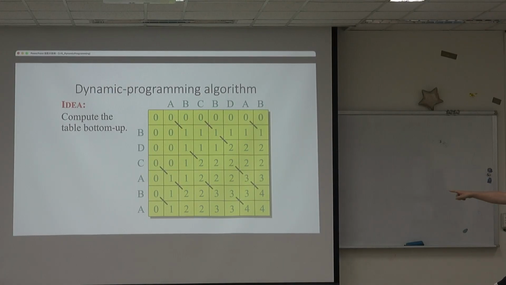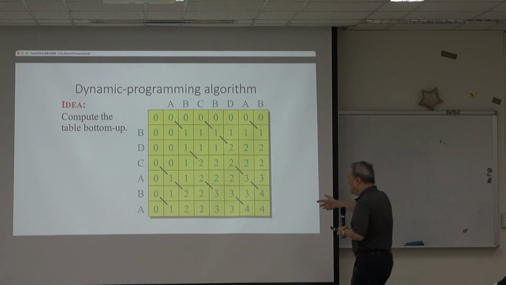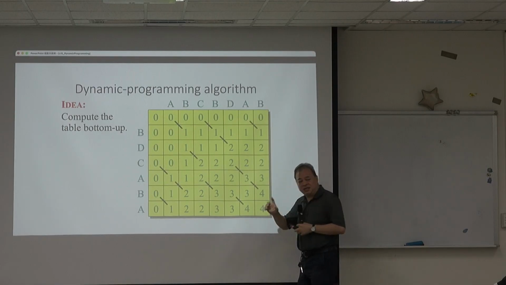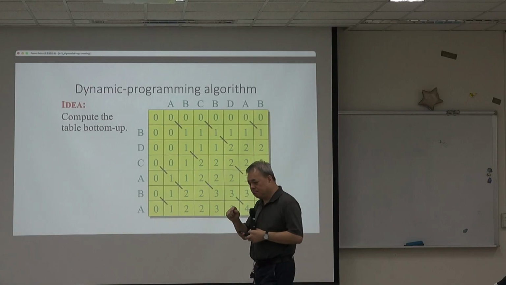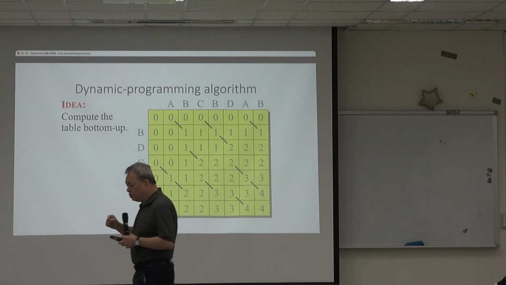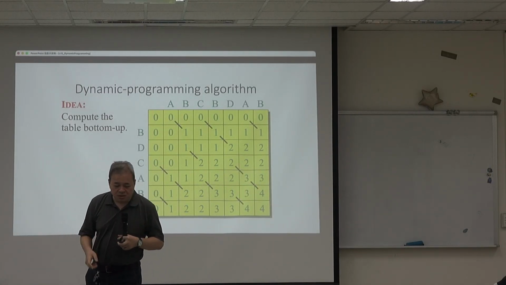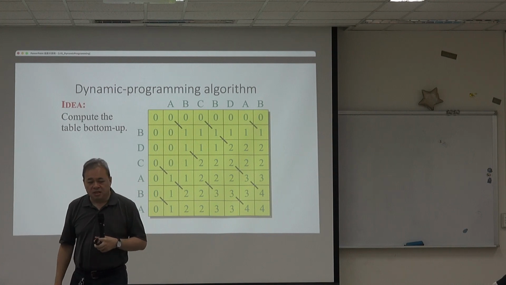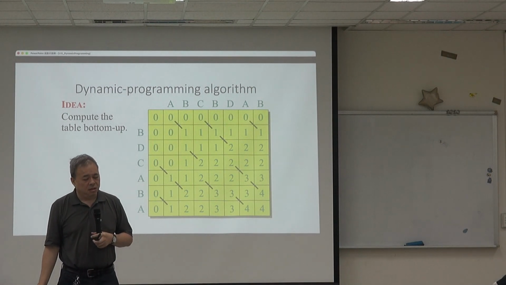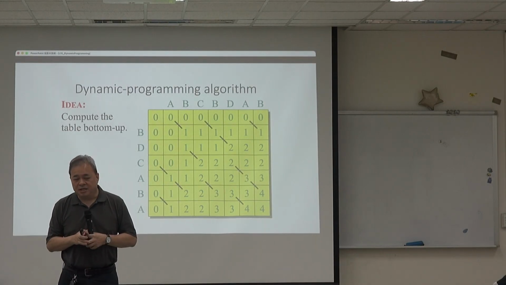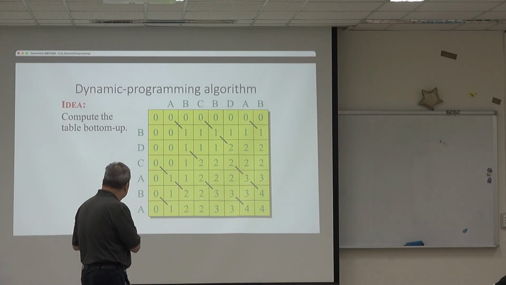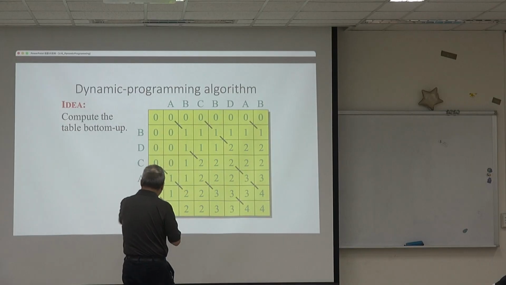These numbers represent the length of LCS, right? So what I'm asking you is, using this table, when you construct it, you could mark this diagonal.